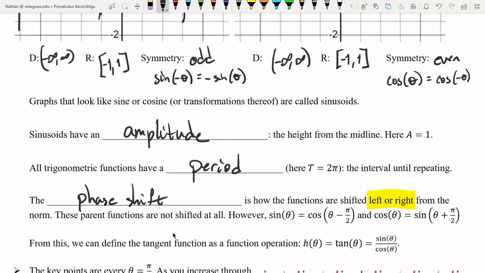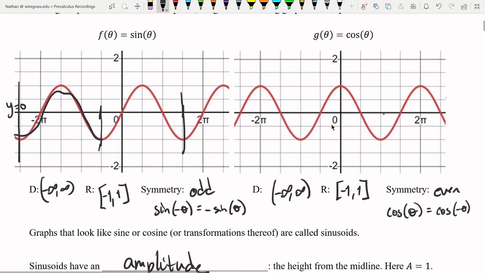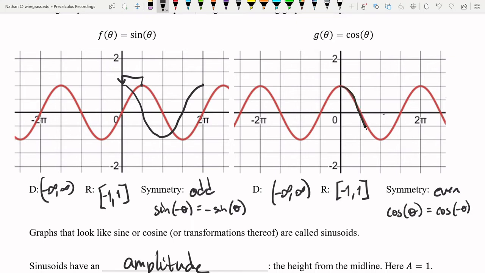But it is important to note that really sine and cosine are just phase shifted off of each other. If I took this graph at this point and moved it this way to here, you're going to see that this point's going to be right here, and it's going to go down, then up, then up. That is the exact same thing as this.